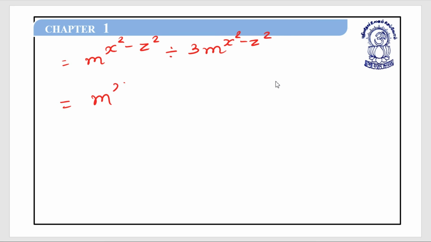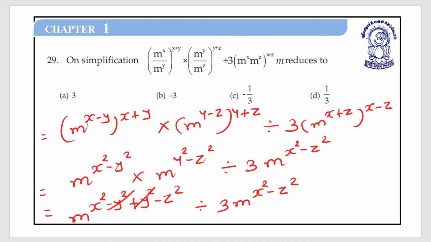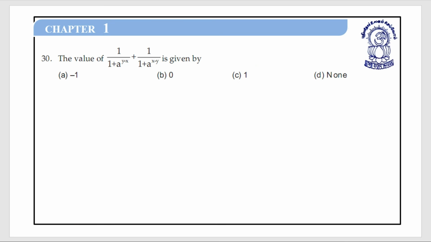So we can write as m raised to x square minus z square divided by 3, m raised to x square minus z square. So cancel is equal to 1 by 3. So the answer is option D, 1 by 3. Question number 29 right answer is D.